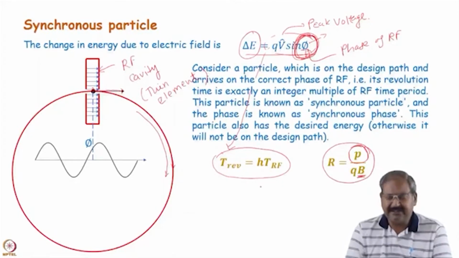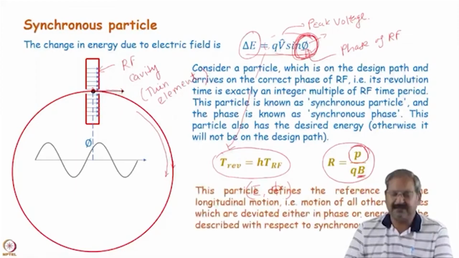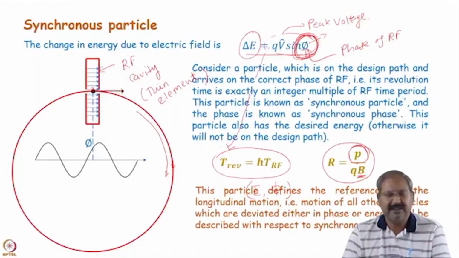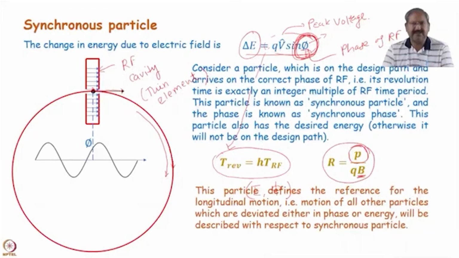So this energy E of this particle and the phase of this particle in the RF make a reference for us. In longitudinal dynamics we have two coordinates, the energy and the phase, and the synchronous particle's energy and phase make the reference.